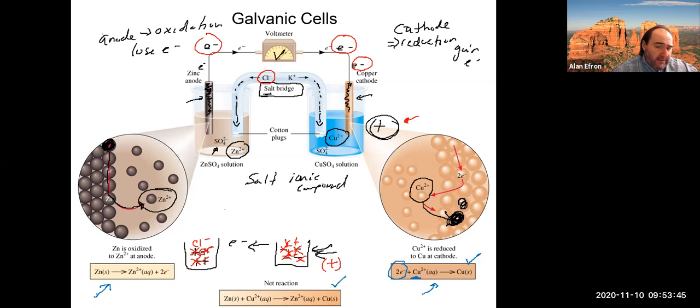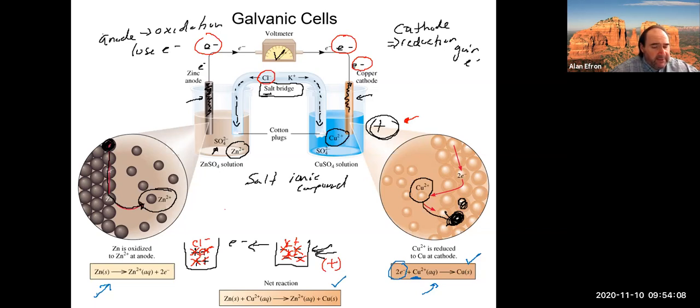Our other electrode there is a solid copper electrode on the right-hand side, and floating around in that solution is, again, some copper ions as well. And that's important because we're having a redox reaction happening here. On the left-hand side in this galvanic cell, we have the anode, which is where oxidation occurs.